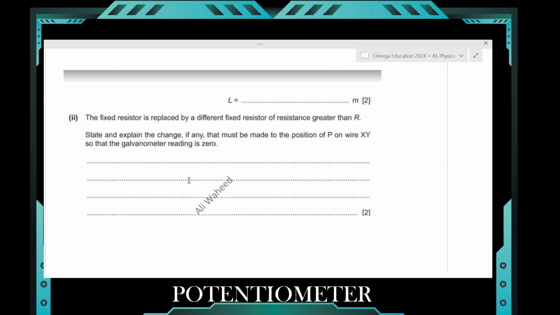The fixed resistor is replaced by a different fixed resistor of resistance greater than R. Say and explain the change, if any, that must be made to the position P on the wire XY so that the galvanometer reading is 0.